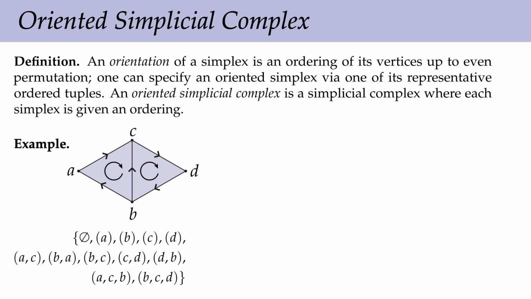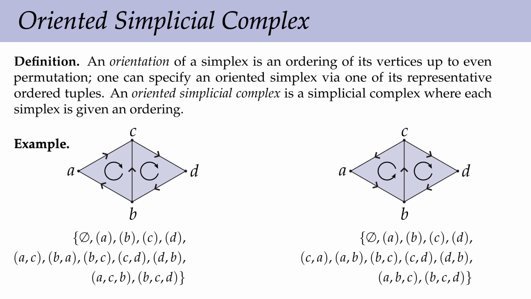Each of them is written now as an ordered tuple rather than a set. Okay? Here is a different oriented simplicial complex. It has the same triangles, edges, vertices, but different orientations, right? So we write it out like this, and you notice, for instance, ACB has changed to ABC.